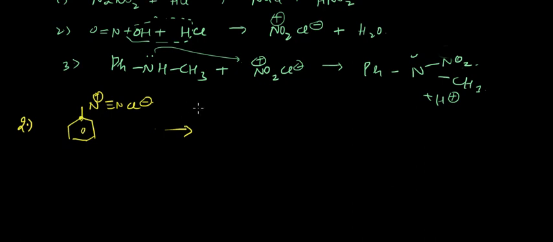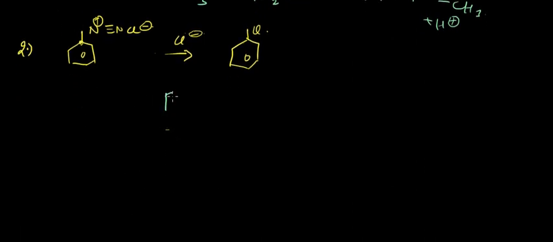So we get something like this as our product. I'm not showing any intermediary process because the mechanism is still not clear. But I can give you a rough estimate as to how it would have happened.